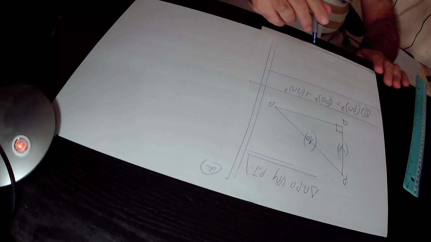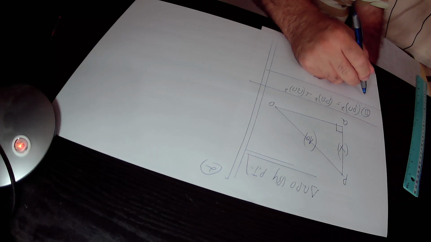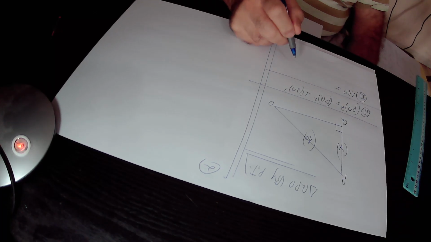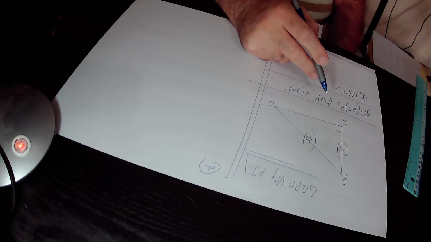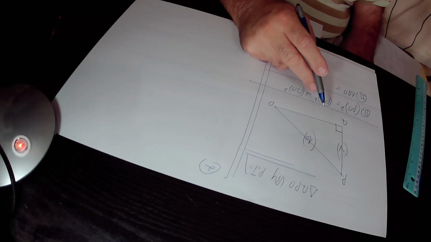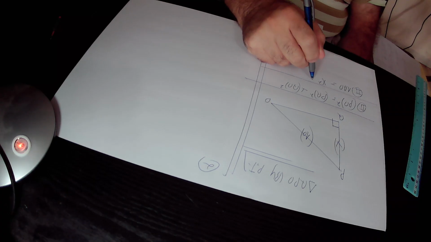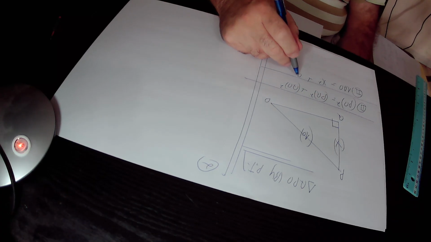PO is 10, therefore PO squared is 10 squared, that is 100. And it is equal to PQ squared. PQ is x, therefore PQ squared is x squared, plus QO squared. QO is the missing side, so we leave it as it is.